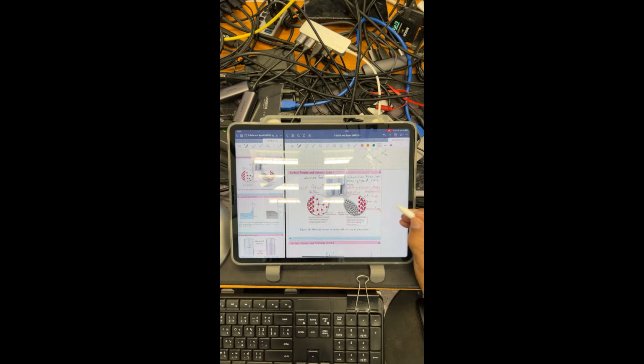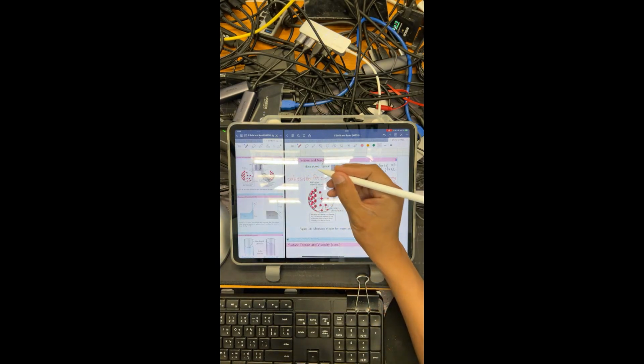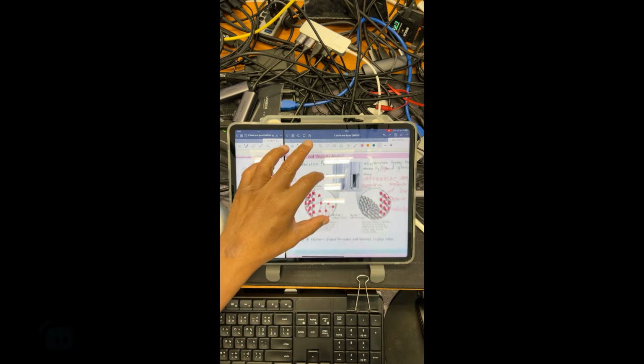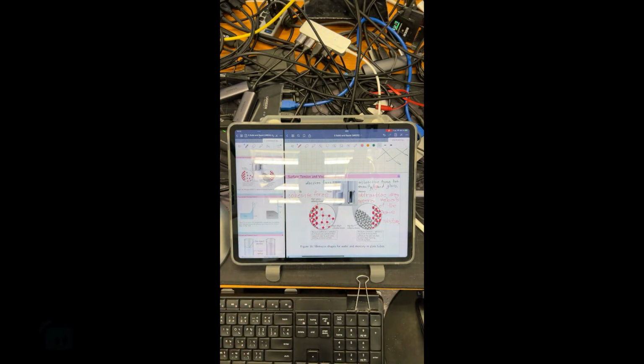Whether you have water or mercury, you would have cohesive force: the attractive force among several water molecules, and among several mercury molecules. You can see that there are two types of force, right? The first one is adhesive, and the second one is cohesive.